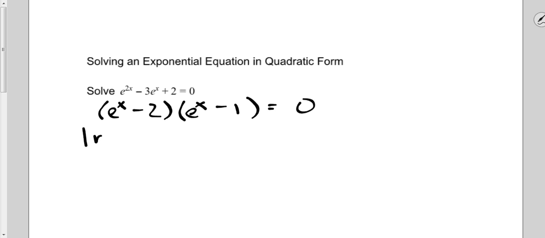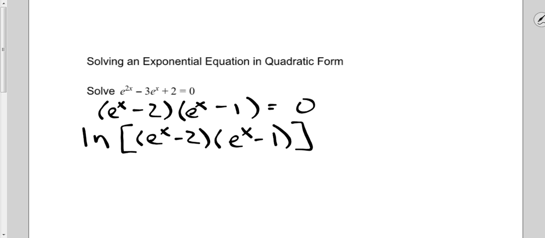So we're going to natural log, and I'm going to do a bracket just to distinguish from my parentheses. Equals the natural log of 0. Right, taking the natural log of both sides. Now, what do I do?